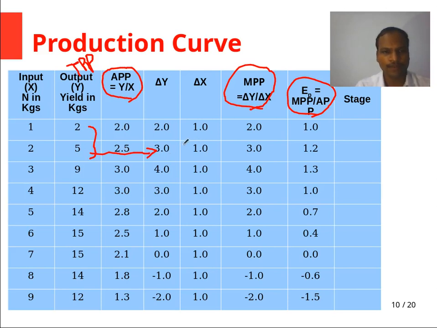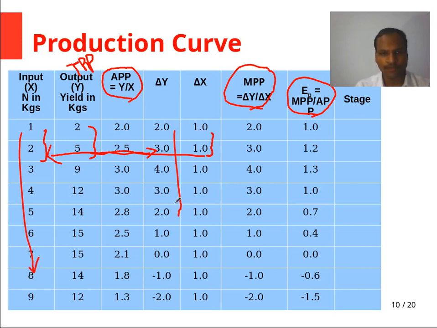So here this one is the change in input. Similarly, it is also calculated by the formula current value minus previous value. So input changes were similar, only one difference is there, but the output change differs.